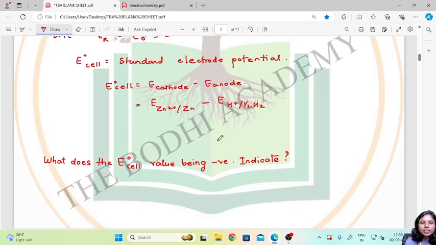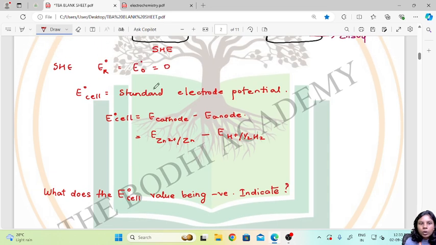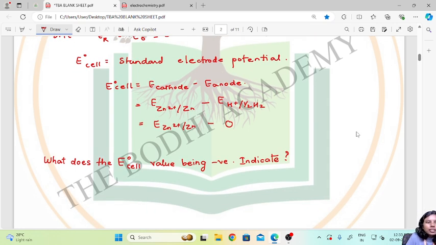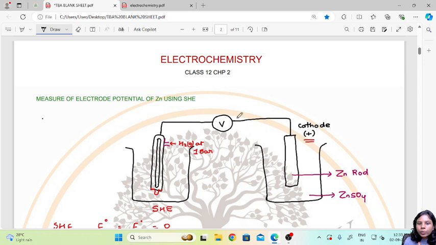Now we know that any potential, oxidation or reduction, for SHE is 0. So we'll say that E Zn2+ to Zn minus 0, because this part becomes 0. So therefore what we see here is that E naught cell will directly be equal to E Zn2+ upon Zn. Now this reading that we get is through the voltmeter that is connected over here.